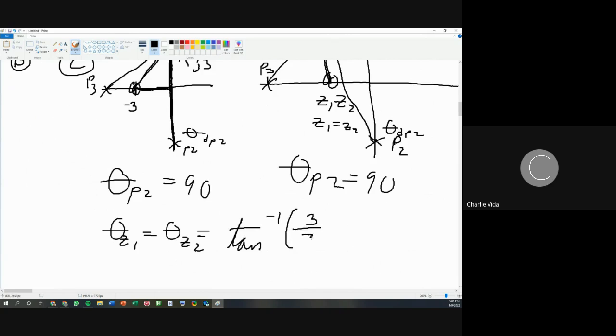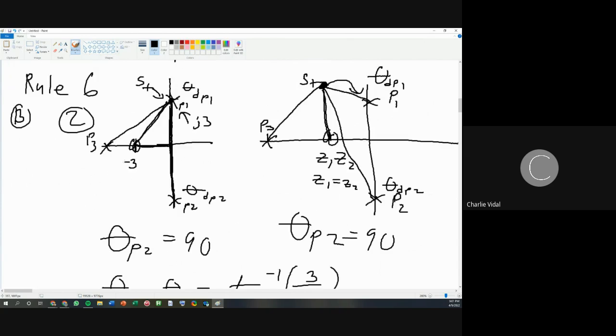3 over 3. And by the way, luckily in this one they're both 3. But in the next part, which I think comes right afterwards, you're going to use the one on the right.